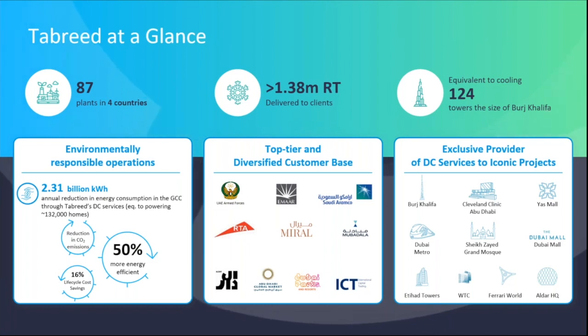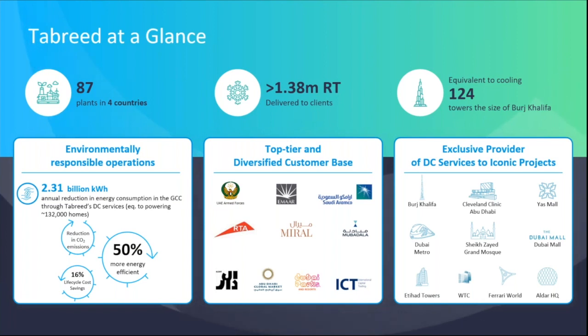This is the impact that we measure, considering district cooling almost 50% more efficient than conventional cooling systems. On top of it, we have the corresponding CO2 emission reduction and almost 20% life cycle cost savings. Total capacity delivered to customers is almost 1.4 million refrigerant tons.